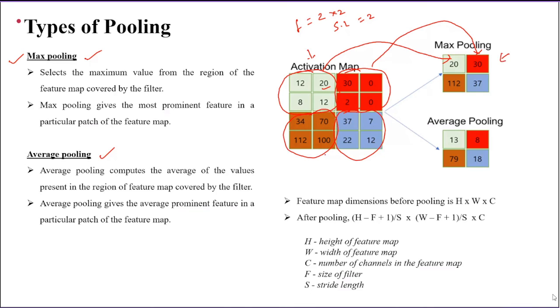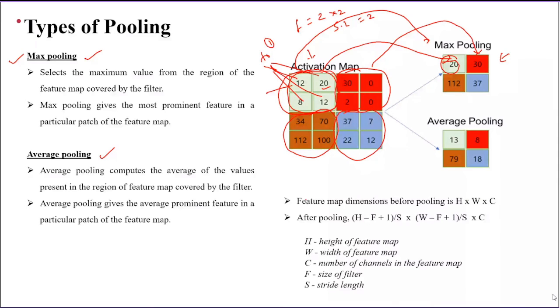The main purpose here is that all these pixel values are related to each other. Suppose all these 4 pixel values are focusing on one particular feature, so that feature we take as a maximum value, and we replace it in order to reduce the dimensionality.